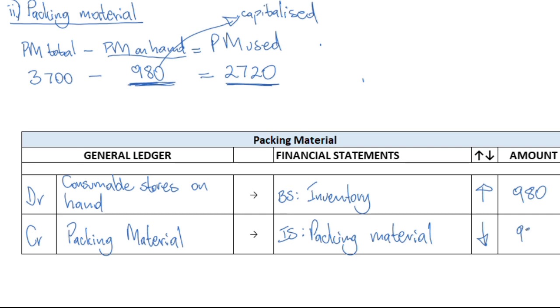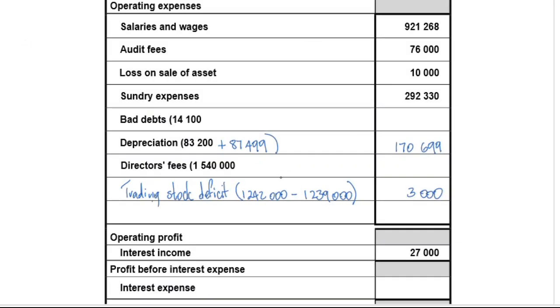Since we are being asked to make this adjustment to the statement of comprehensive income, in our answer book, we first show our total amount of 3,700 rands, and then we reduce or adjust that amount by 980 rands, which gives us our correct expense for packing material, which is an amount of 2,720 rands.